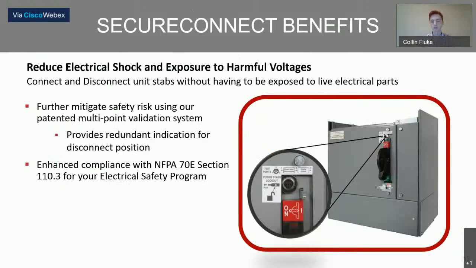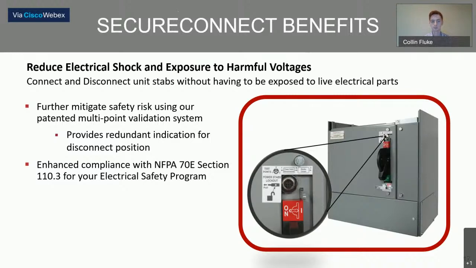So this Secure Connect on the front also has an optional unit to plug in a continuity meter. So you can do this to confirm that power has been completely disconnected from all the power stabs, as well as the little white box underneath the circuit breaker handle there. That is the mechanical mechanism.